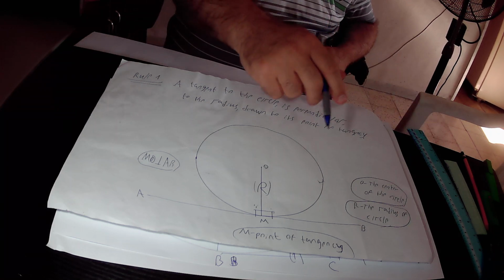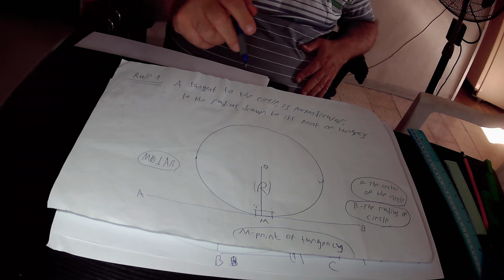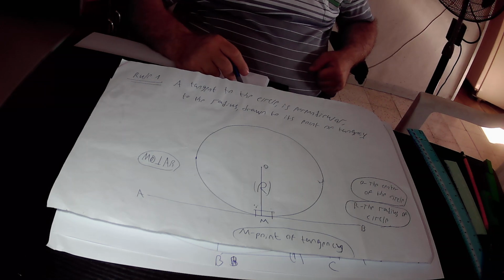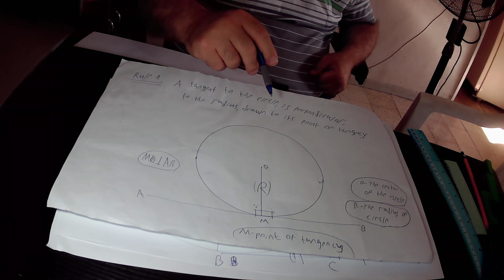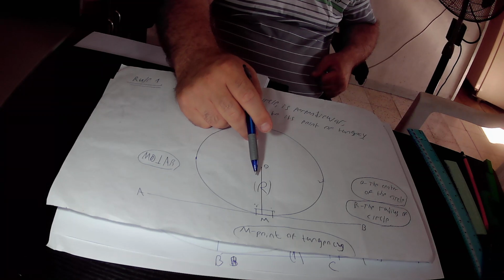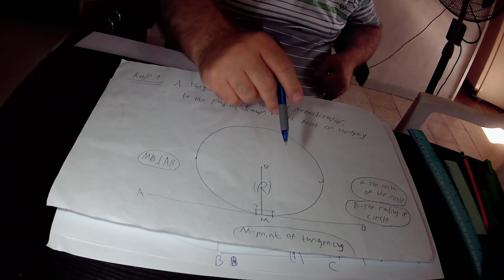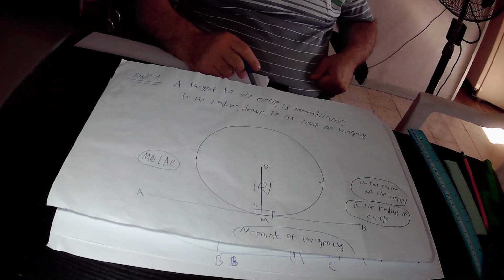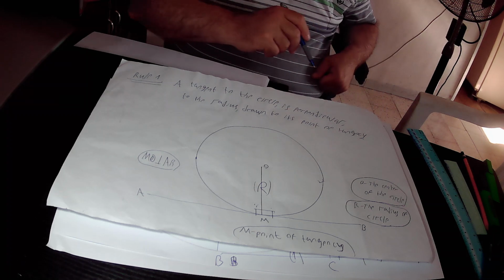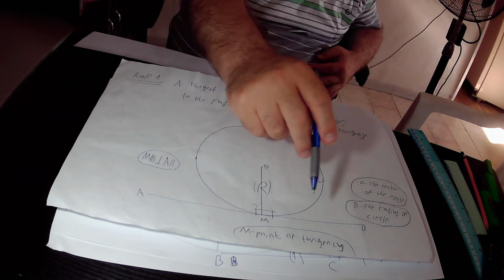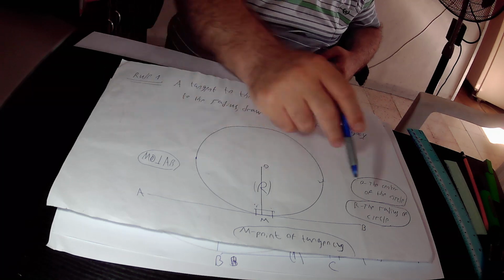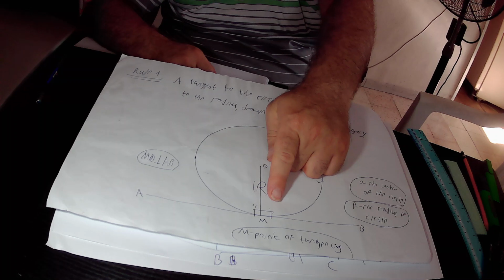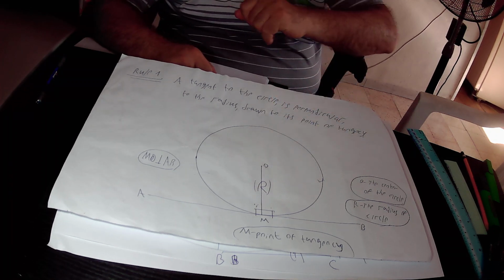So in the drawing we have a circle, and we also have tangent AB that is tangent to this circle at point M. In addition, we have the radius OM that equals R. The radius OM is drawn to point M, the point of tangency of tangent AB with this circle. And whenever you have a radius drawn to the point of tangency, then tangent AB is perpendicular to the radius MO. If AB is perpendicular to MO, it means that this angle equals 90 degrees, and this angle also equals 90 degrees, according to rule 1.